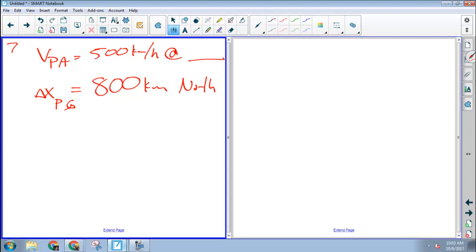The other way you can think about it is this. The plane is headed 20 degrees east of north, right? So here's 20 degrees east of north, and the plane is flying this way. Now, hypothetically, suppose the wind was just blowing straight east. Would the plane be moving in the direction it's pointing?